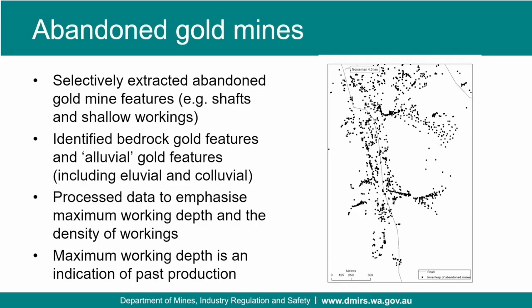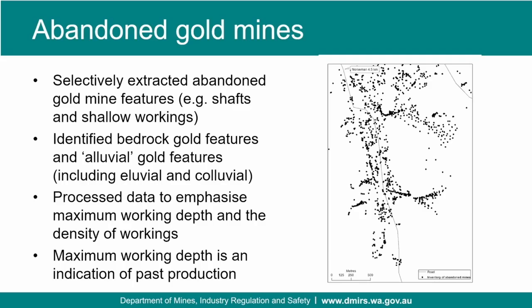So we filtered out irrelevant things like rubbish dumps and waste rock dumps, things like that. Then we took those gold workings and we subdivided them into both alluvial or bedrock gold workings.